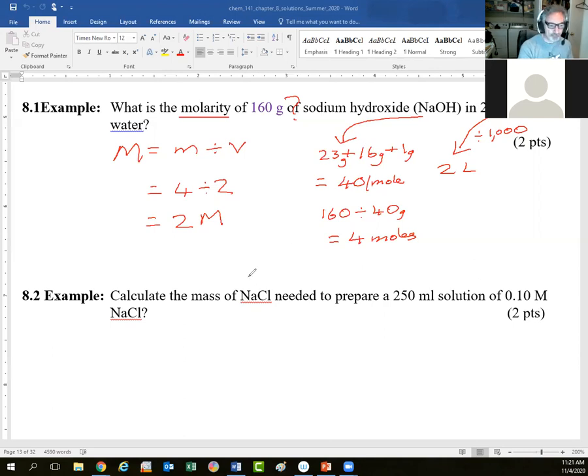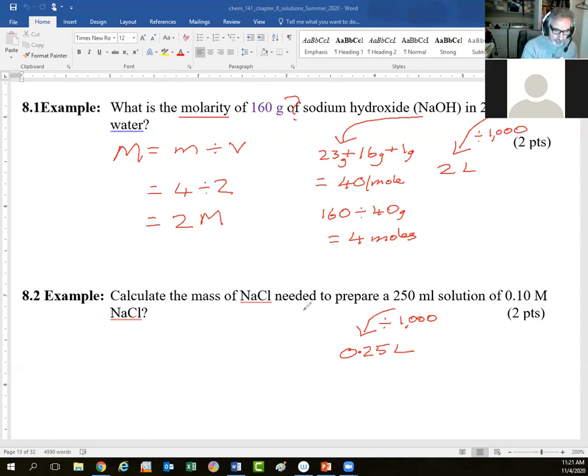The second one: calculating the mass of sodium chloride in 250 milliliters of 0.1 molarity sodium chloride solution. Of course, that volume can be converted into liters again by dividing by 1,000. That gives us 0.25 liters. The molarity is already given as 0.1.